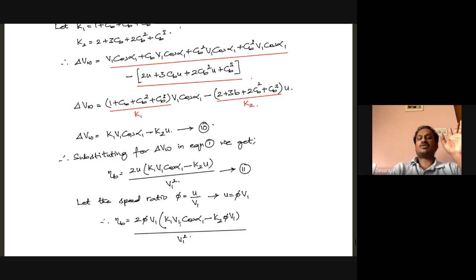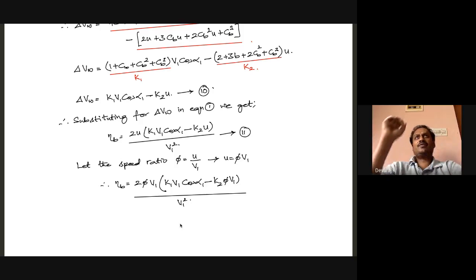I am calling that as equation number 11. Let's define the speed ratio. Already we know phi is equal to U by V1. It is a ratio of peripheral velocity or blade velocity divided by your steam flow or absolute velocity. If that is the case, then U is equal to phi into V1.